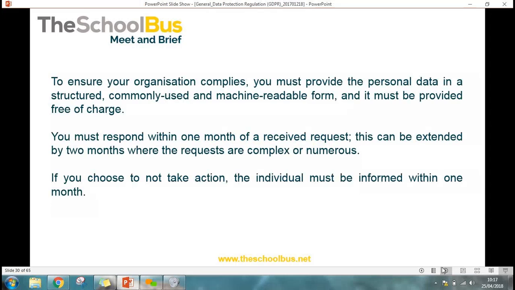That may well be just a download from the various databases, but it's got to be in a manner that is useful for the data subjects. For example, downloading a backup file of an individual's student records is unlikely to be acceptable under GDPR as a format in which we can transfer it. So we need to look at how we can put that data into Word or Excel or similar.